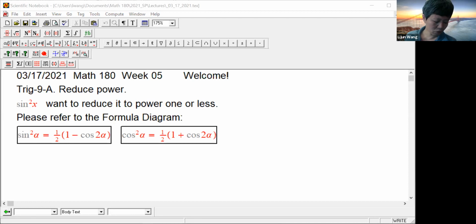So without further ado, let's look at trig 9a. Trig 9a, for example, the first one. The first one, sine squared of x.